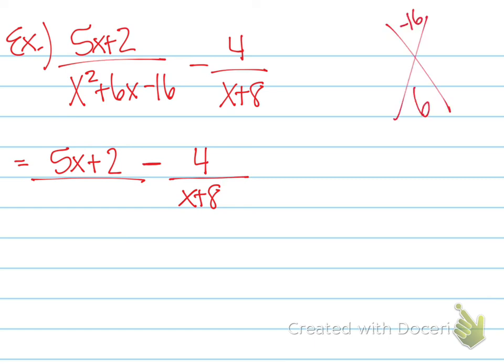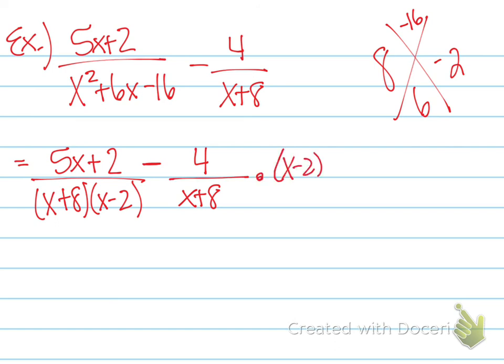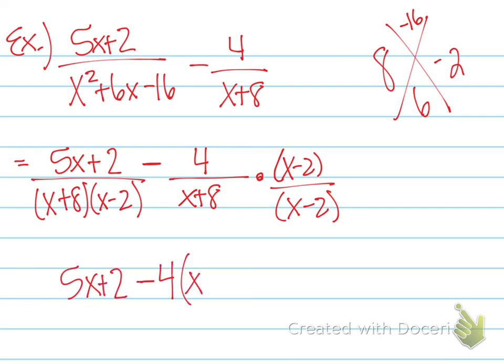So when I simplify, we just simplified this a couple of minutes ago. So we have an 8 and a negative 2. Now, that right side is once again still missing something. It's missing the x minus 2. So on top, we have 5x plus 2 minus 4 times x minus 2 over x plus 8 and x minus 2.